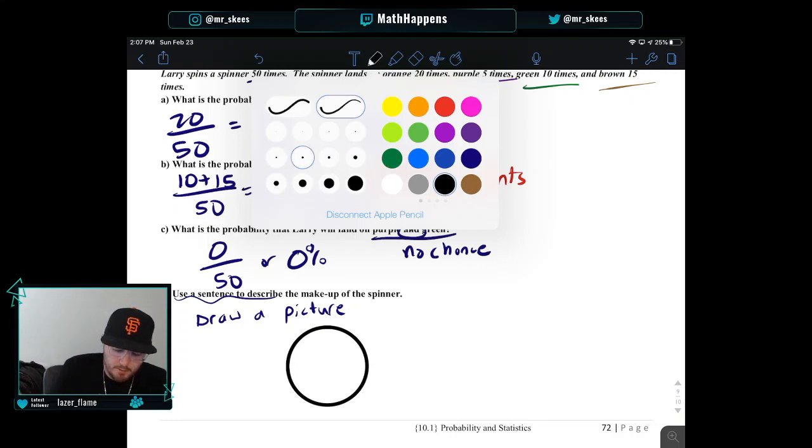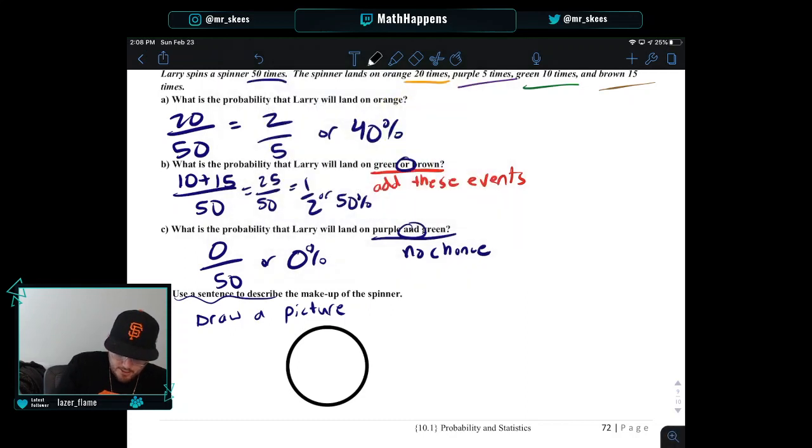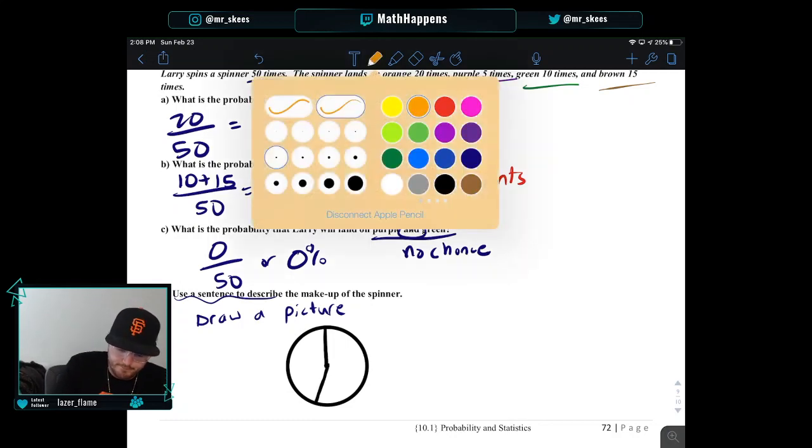So a little bit less than half. So half would look like this, right? That's half. Well, it's not quite half. So something like that. If this is the center, something like that, right? A little bit less than half is orange.